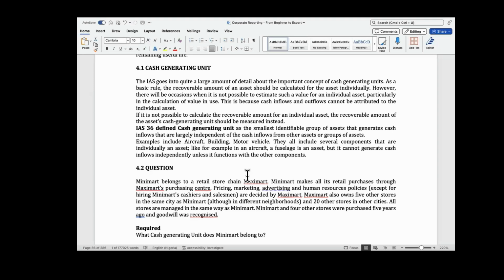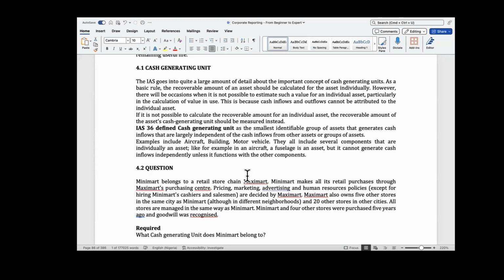For example, let's say an air conditioner in an office. How would you know that an air conditioner has been impaired? Looking at the figures, we will know our book value for the AC. But how do we get our recoverable amount? IAS 36 says that recoverable amount is the higher of the net realizable value and the value in use. For the AC, I think we should be able to get the net realizable value.